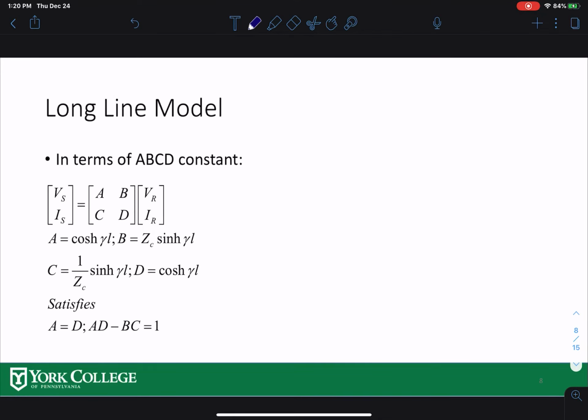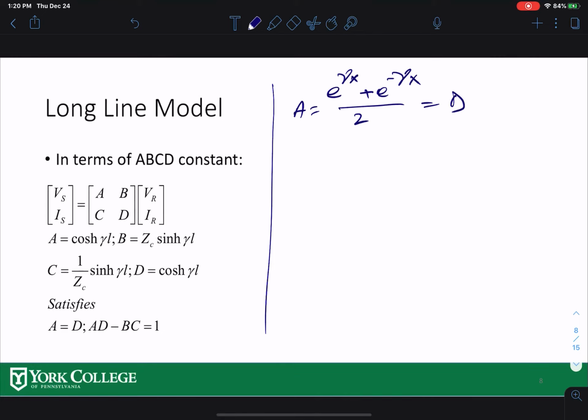All right. So again, you see that A is this, B is this, C is this, and also in exponential form, A is exponential gamma x plus exponential negative gamma x over 2.